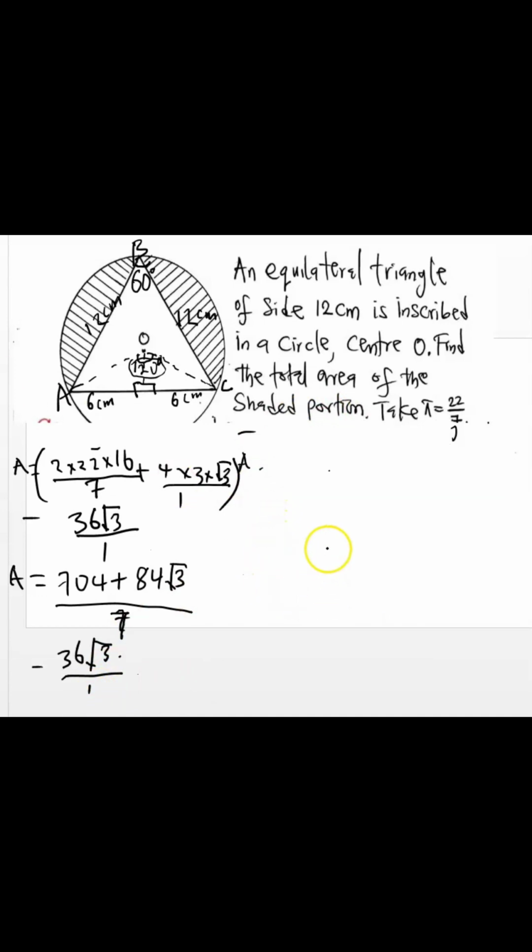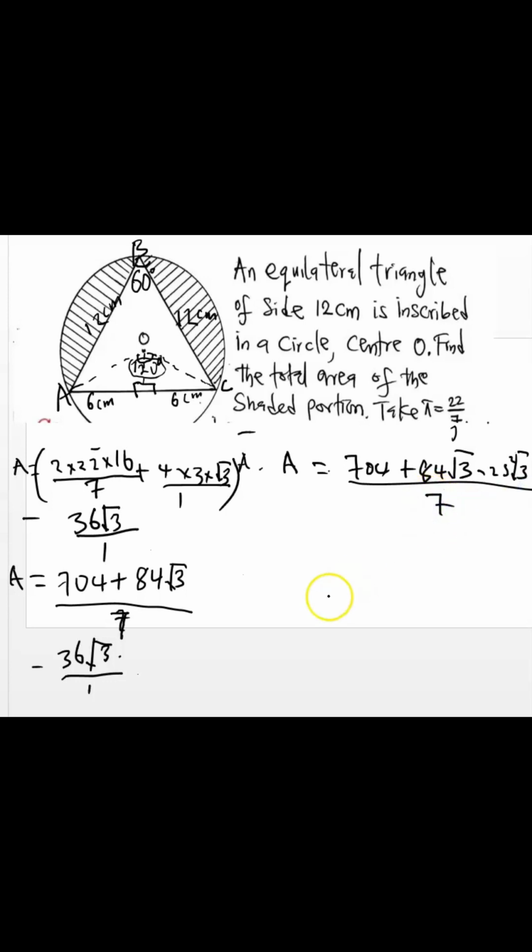So now what you have is that the area is going to be, from here we are going to have 7, just bring this together, 704 plus 84 root 3 minus 252 root 3, divide this all by 7.